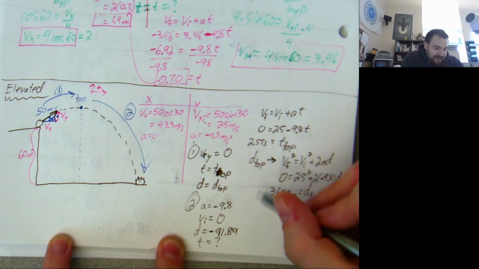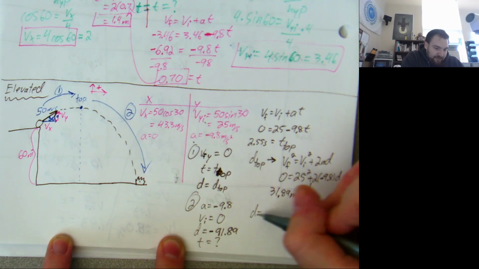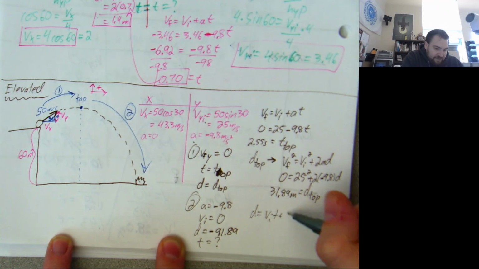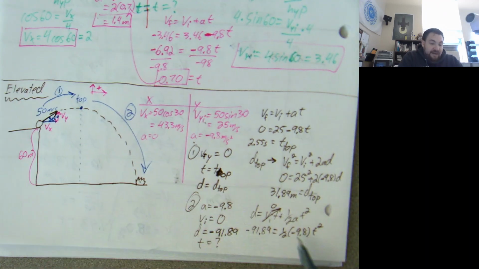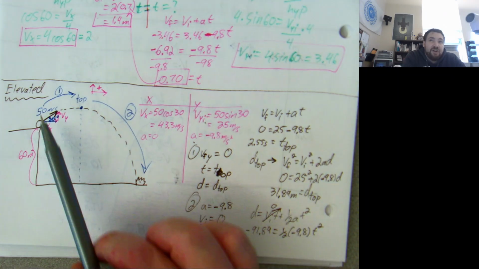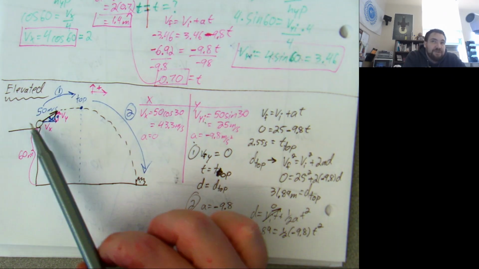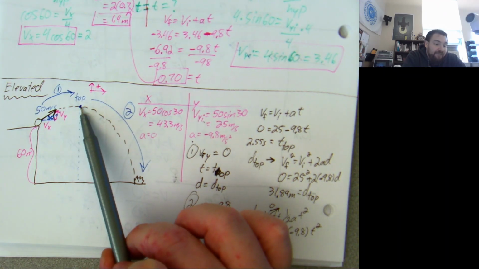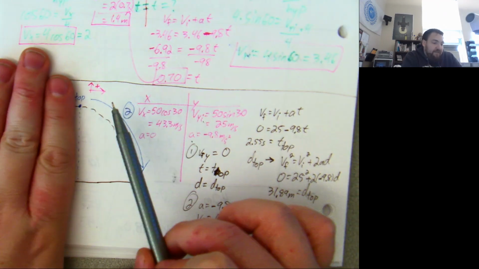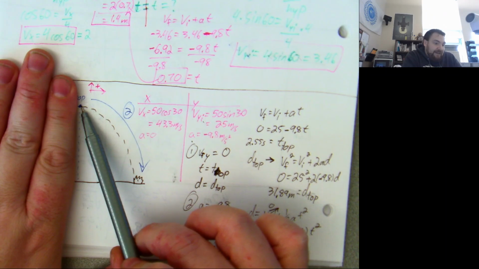We would say then that d equals VIT plus 1/2 AT squared. D is negative 91.89. VI is 0, which is beautiful, equals 1/2 times negative 9.8 T squared. The 91 came from the fact that this object rose 31 meters from the 60 meters it started at. So now, from this perspective, it's 91.89 meters above the ground.